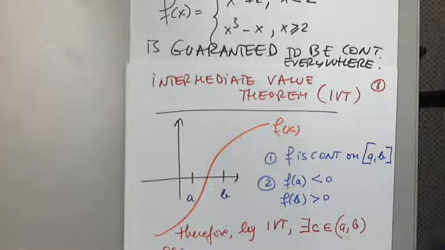The function is continuous on the interval [a, b], and it changes sign from negative to positive, or from positive to negative. Therefore, there must be a number between a and b, between 0 and 1, between 1 and 2, between whatever it is, such that f(c) is definitely 0. So in other words, c is a root or x-intercept of f(x).